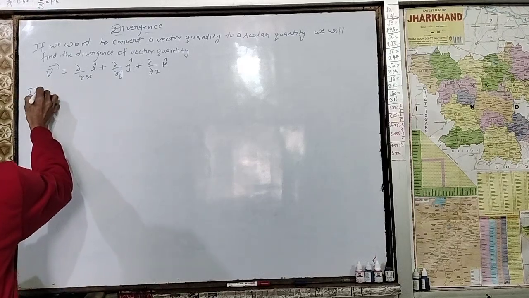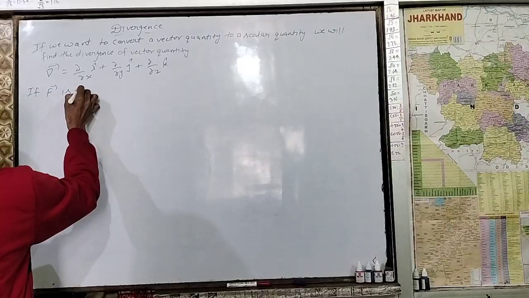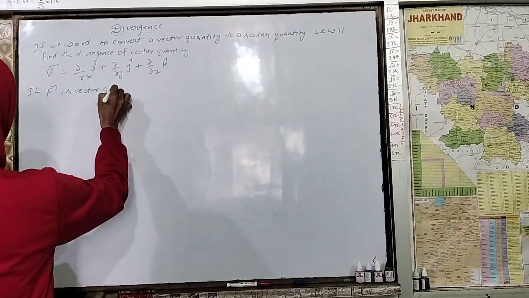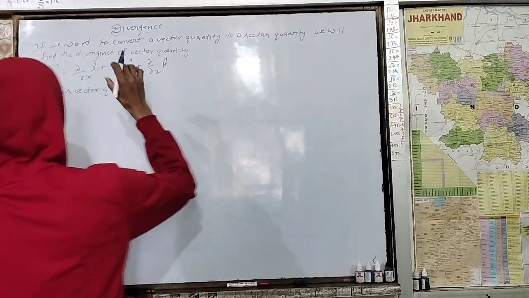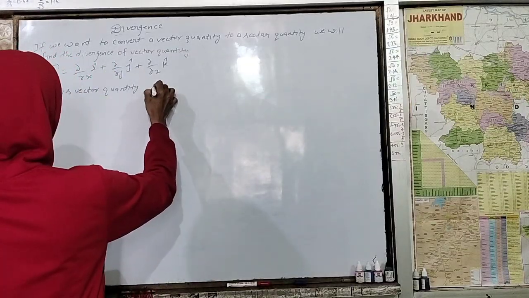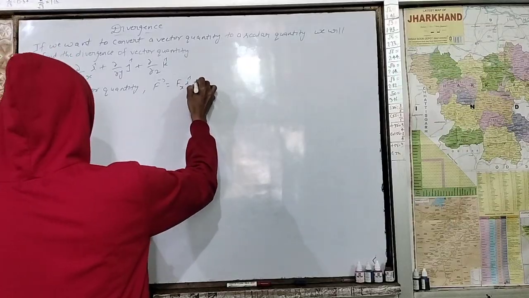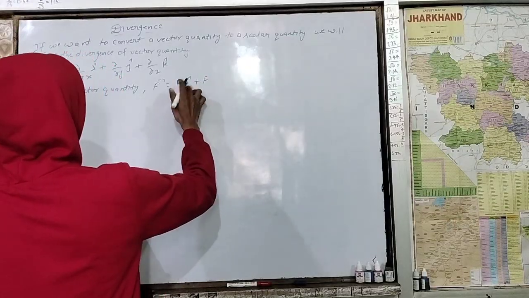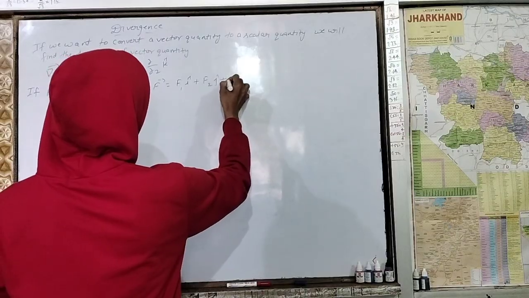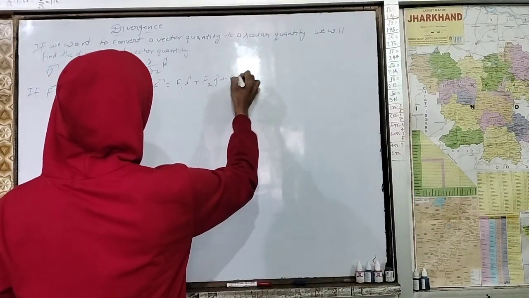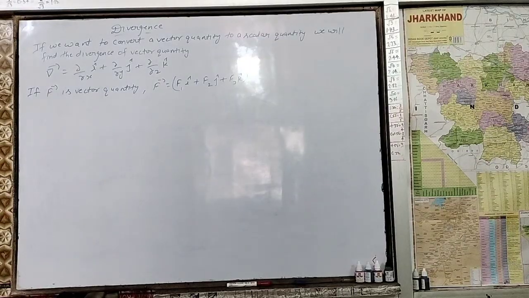Now if f is a vector quantity, then its components will be f1 i cap plus f2 j cap plus f3 k cap. These are the components of the vector f.